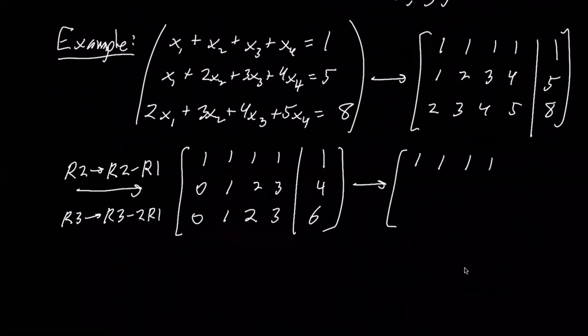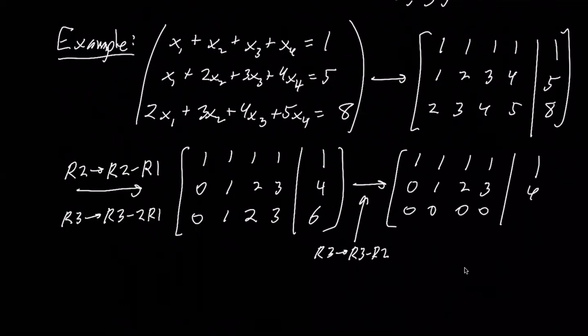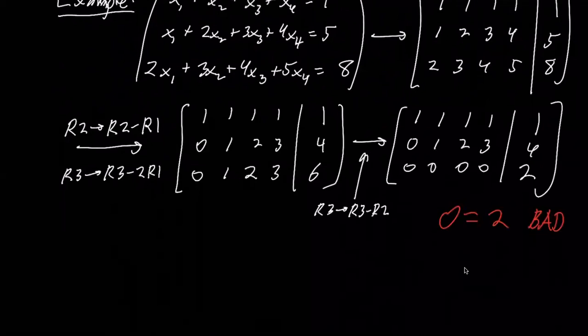So R3 becomes R3 minus R2. The second row doesn't change, but in the third row we get 0, 0, 0, and then 6 minus 4, which is 2. Now we have 0 equals 2. And that is bad. This has no solutions. So I contrived it exactly to have no solutions.